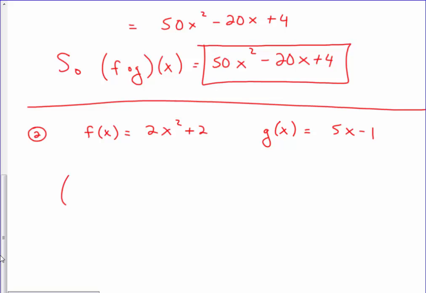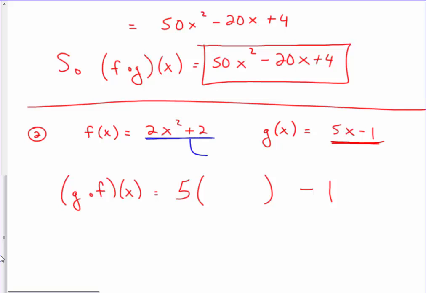Here they want us to find g composed with f of x. Our function g looks like this: 5 times something minus 1. Our function f is substituted everywhere there was an x in our function g. So this would be 2x squared plus 2.